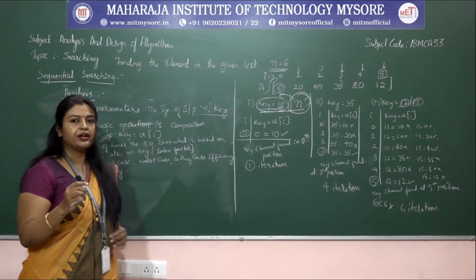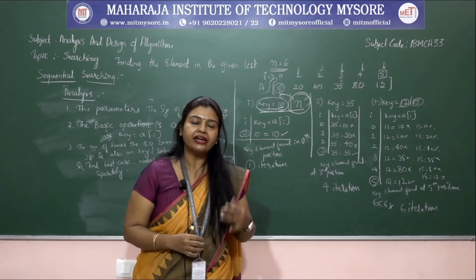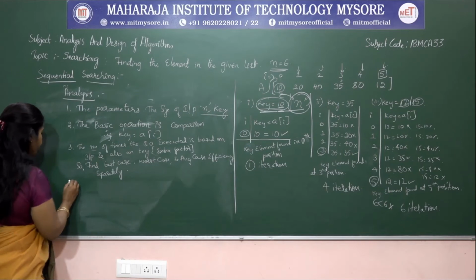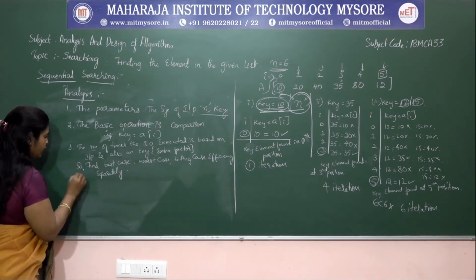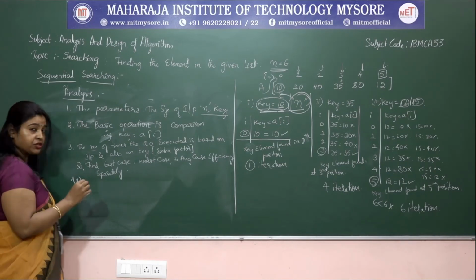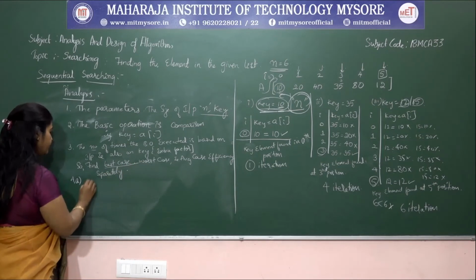Okay. So now 4.A. We need to set up a summation equation, right? But here, the first one is what? We need to find out the best case efficiency.